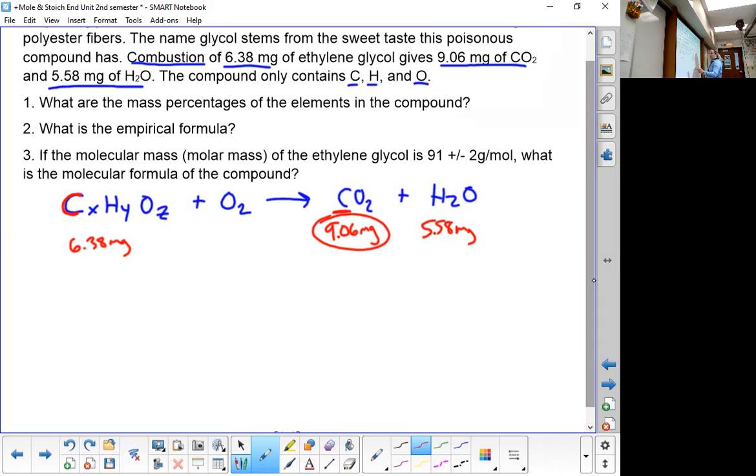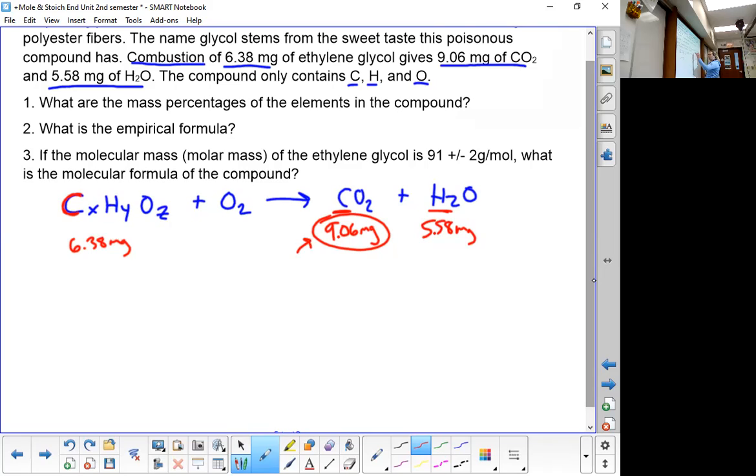So we can figure out the percent of carbon in CO2 and then take that percent out of the 9.06 milligrams. Same thing with all of the hydrogen that came out of the reaction, it was put into the water. And then after we have those two, we can subtract from our total to get how much oxygen was in the compound.